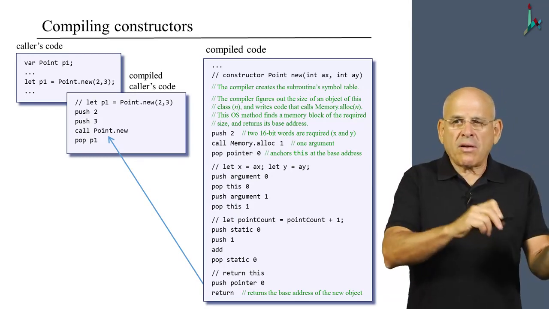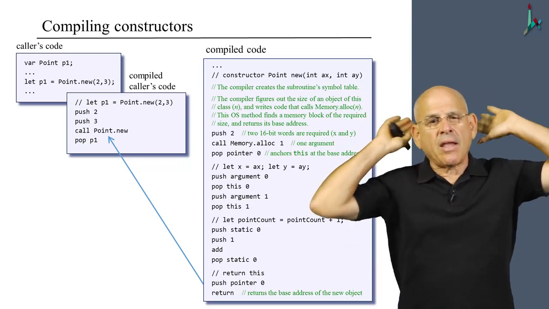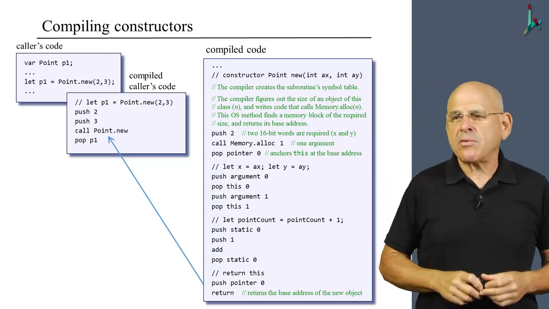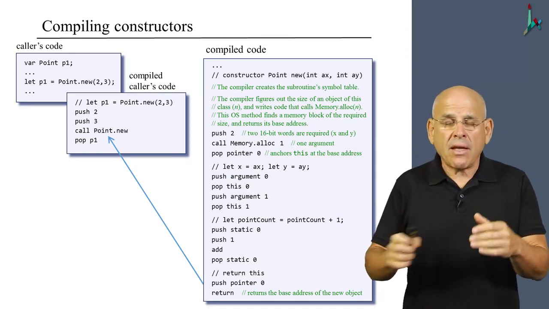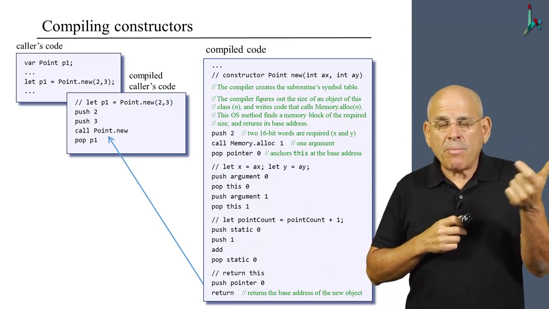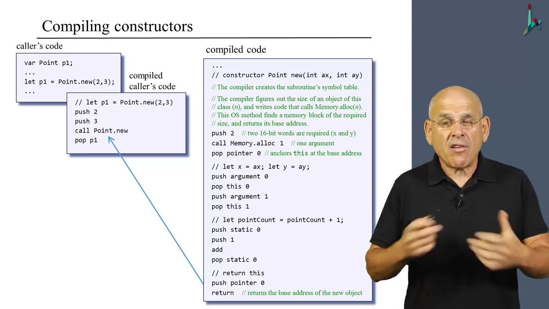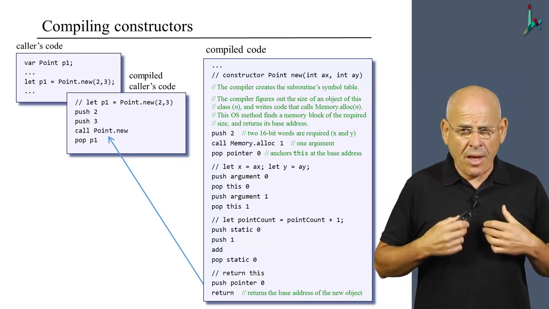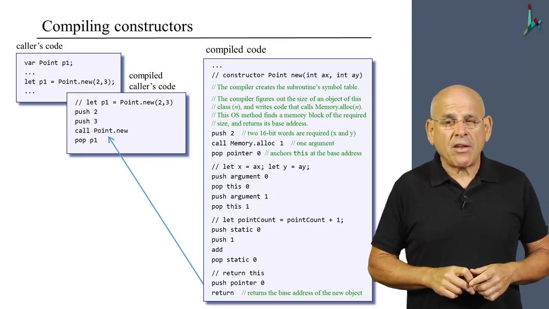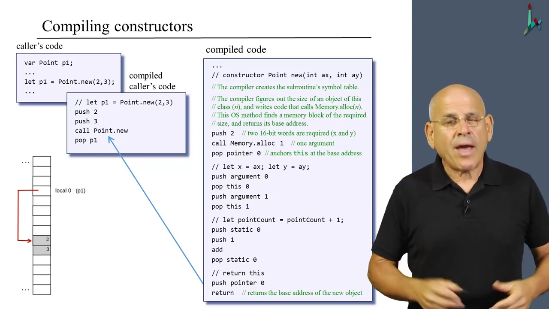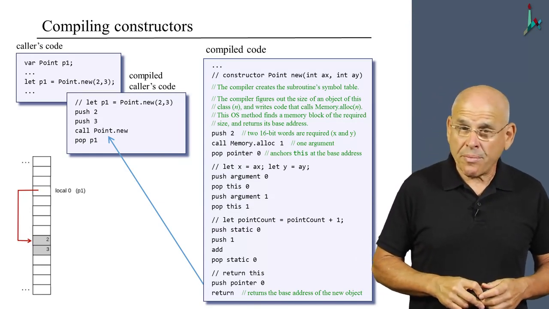After the caller called Point.new, it sort of sits back and waits for the constructor to do its job, and it knows that when the constructor terminates its processing, the topmost value on the stack will be the returned value, the base address of the object that was just constructed. And therefore it makes perfect sense to pop this topmost value into pointer 1. And this will create, once again, the desired setup of an object that we discussed all along.